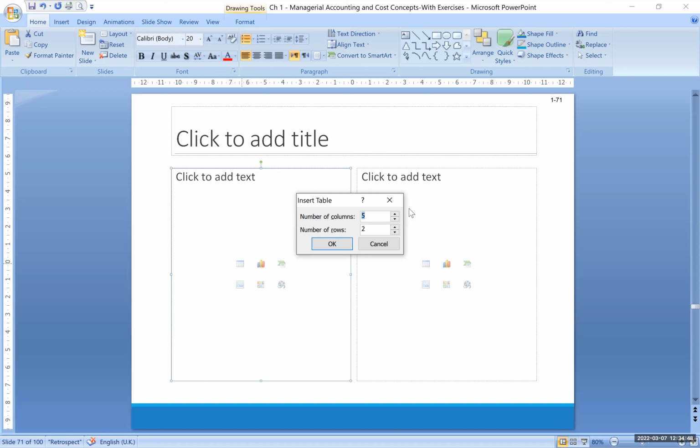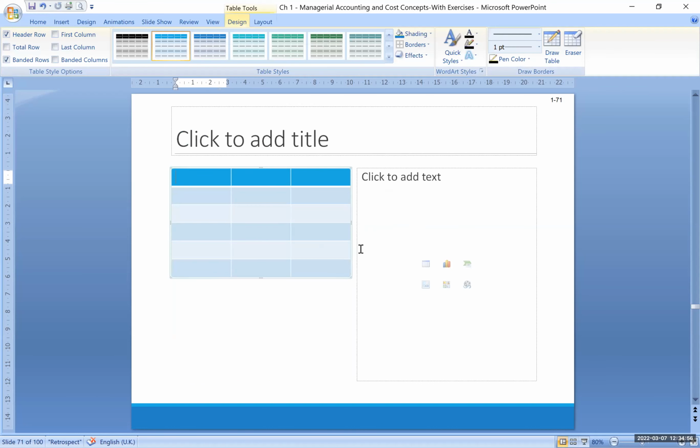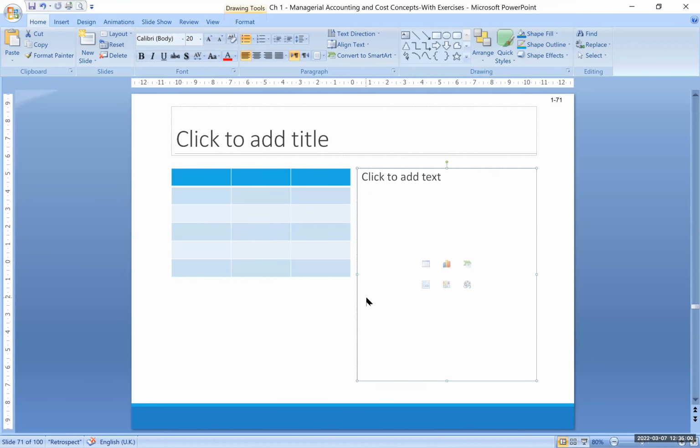Contribution margin income statements. Maybe drawing a table will help a little bit with our target here.